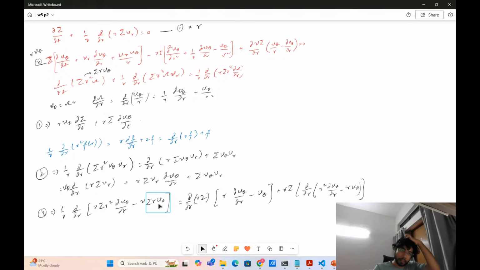Now we will keep this term as is, and we will expand this term. Again, this term will be as is.